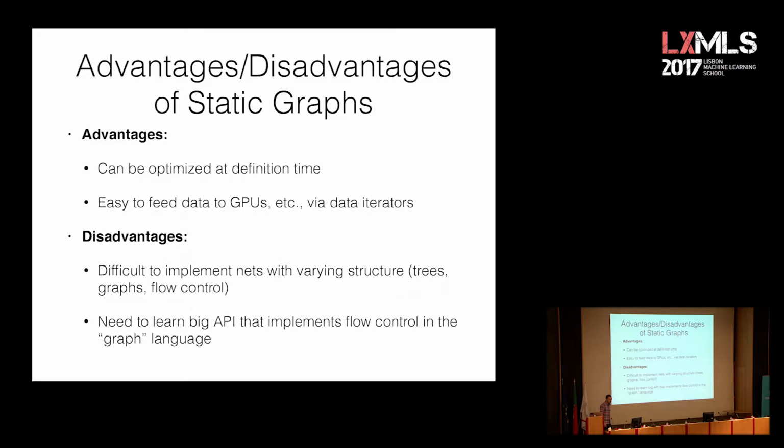The disadvantage here, there's two big disadvantages. Actually, maybe I'll talk about the second one first. So one of the disadvantages of this paradigm is that in order to express all the various things that you want to do within your computation graph, you need to have this big complicated API.